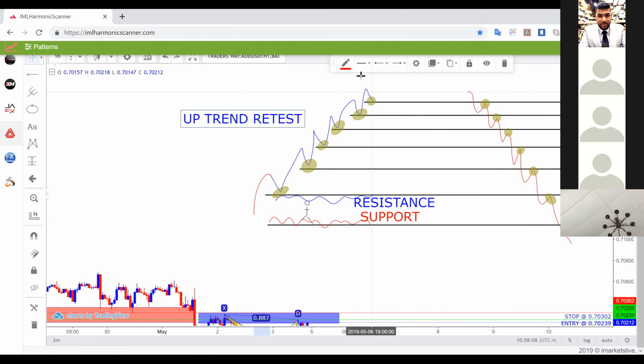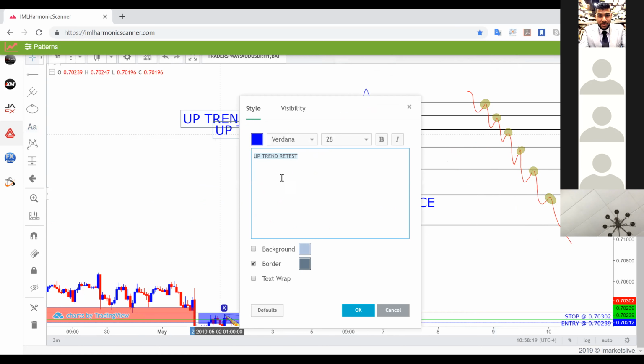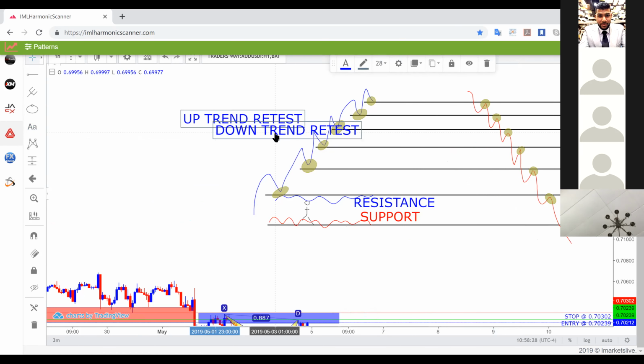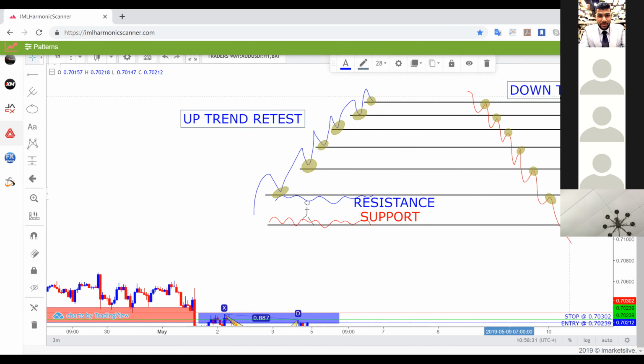This is an uptrend retest, and this is a downtrend retest. Cool.